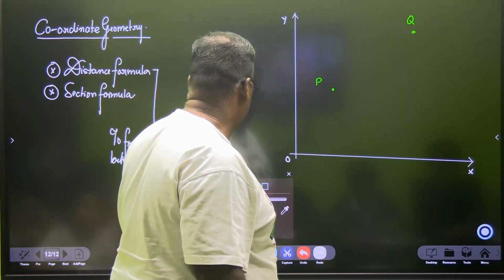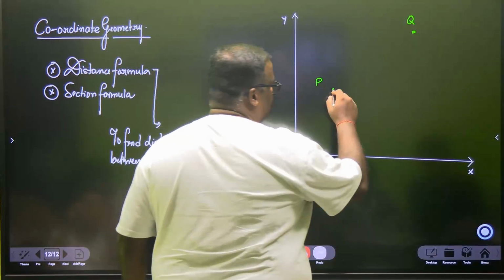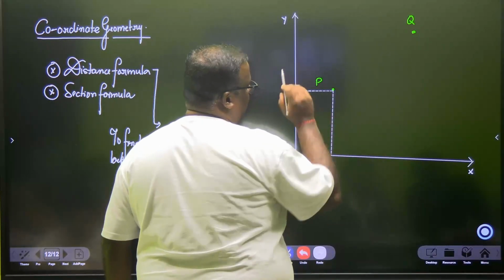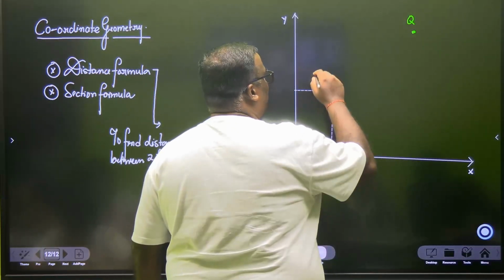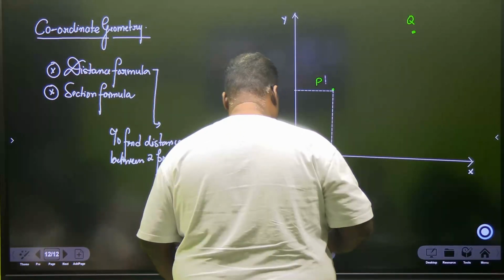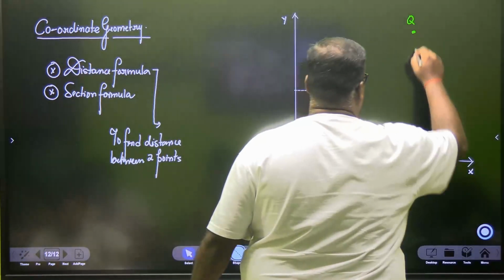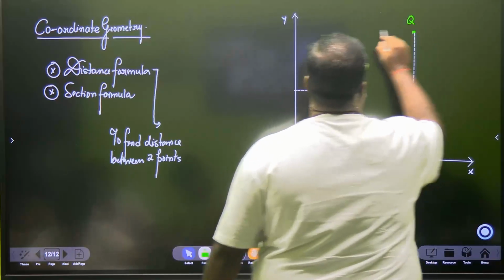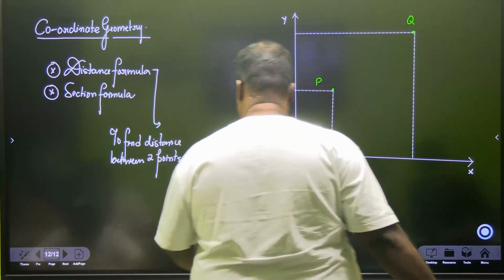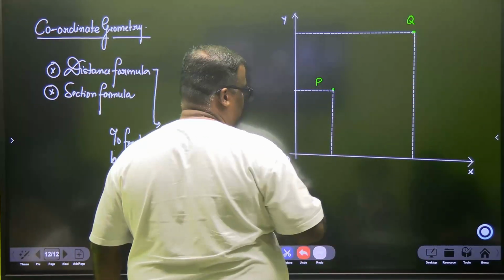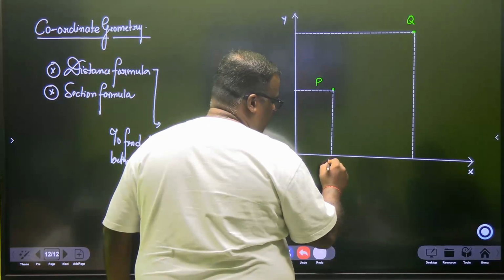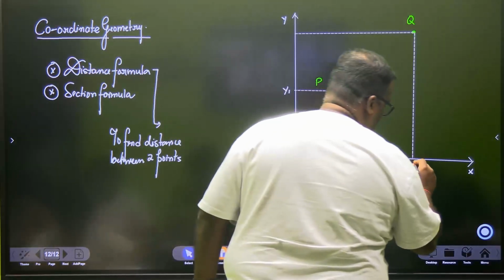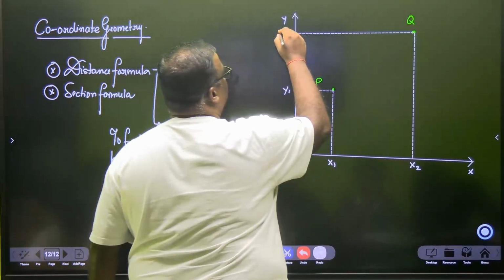So let us first plot the coordinates of P and Q. P has an x coordinate like this and a y coordinate like this, and let me also do it for Q. Let's say x1 is the x coordinate of P, y1 the y coordinate, and similarly this is x2 and this is y2.